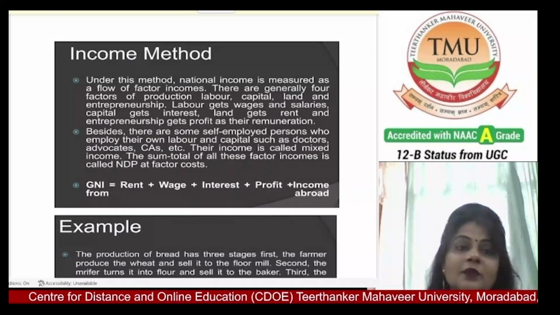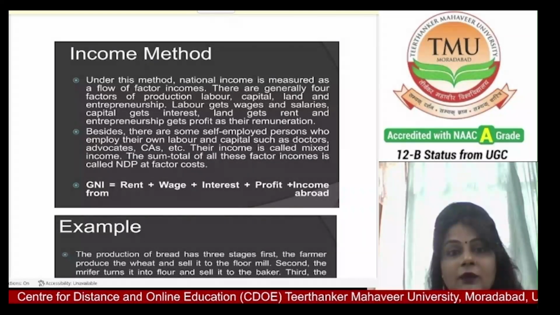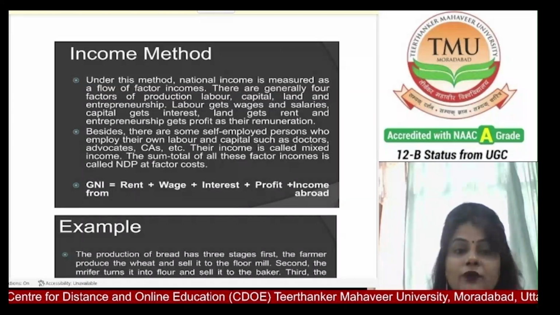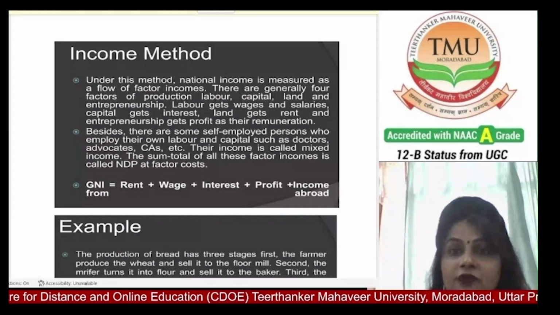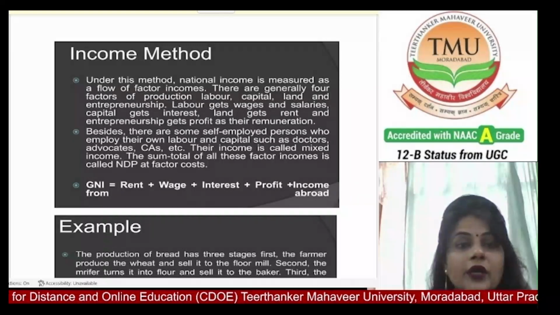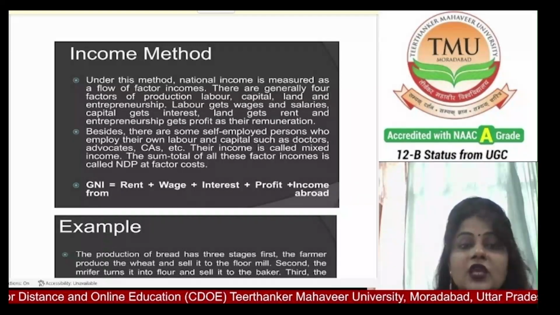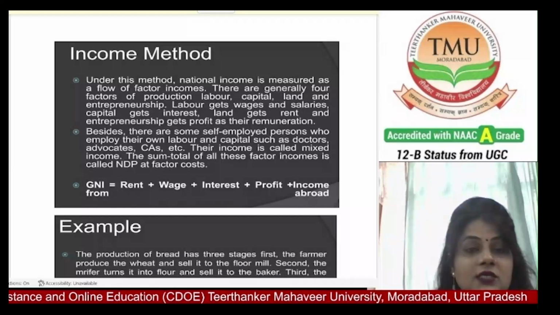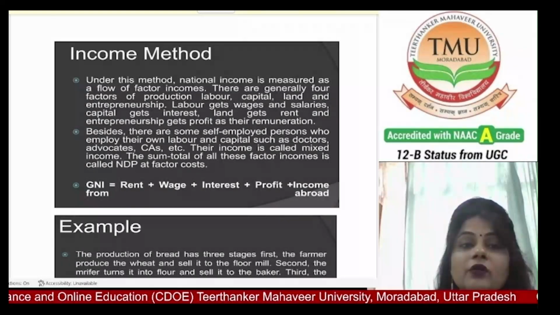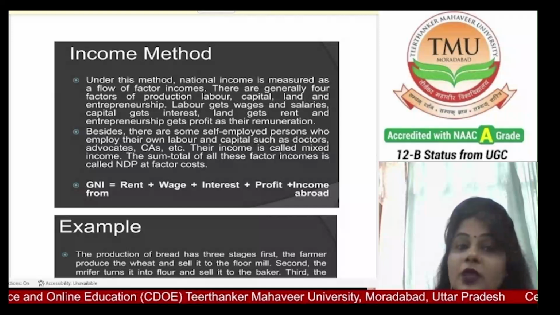The term mixed income is used for any kind of income which has more than one kind of factor income. It arises from the productive services of self-employed workers. The income of these workers includes profit, rent, wages, and interest and cannot be separated from each other.